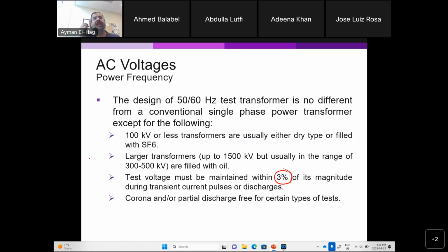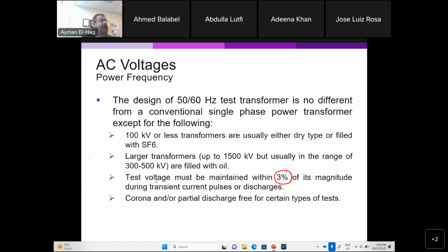It doesn't make sense to have a transformer that's not PD free and use it to test an asset, and then you start to measure partial discharge and you don't know if it's coming from the asset or from the transformer. So those transformers are usually guaranteed to have less than 5 picocoulomb when they are stressed at their rated voltage. These are some criteria about the design of the AC high voltage transformers.